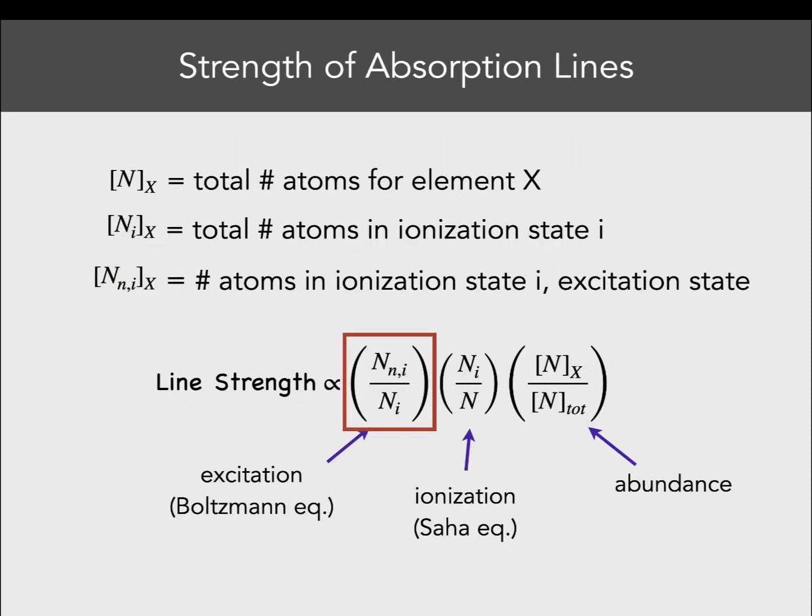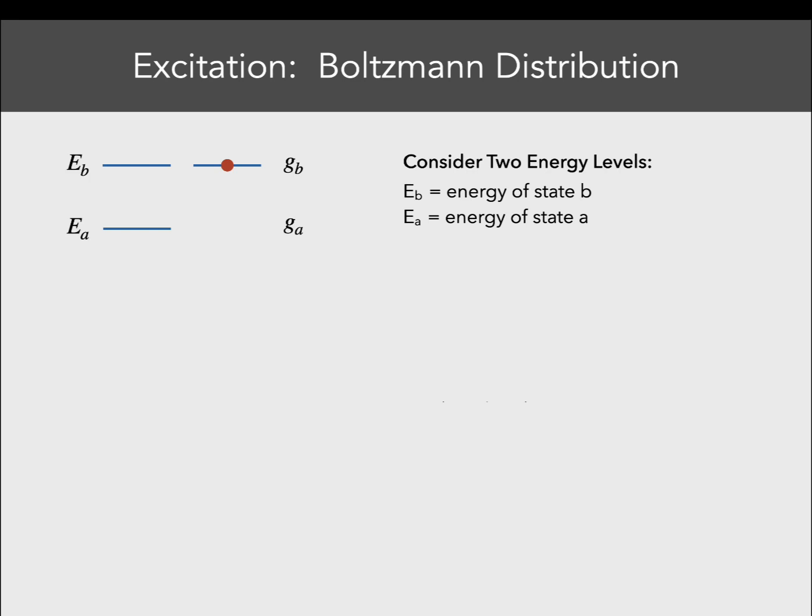All right, so let's look at this first term in the line strength equation. This first term is called the excitation term. So we imagine an idealized case where we have two energy levels. EB is going to be the upper energy state, EA is going to be the lower state.